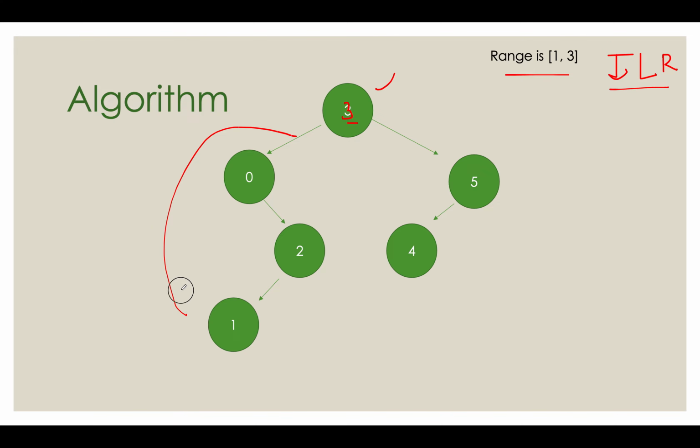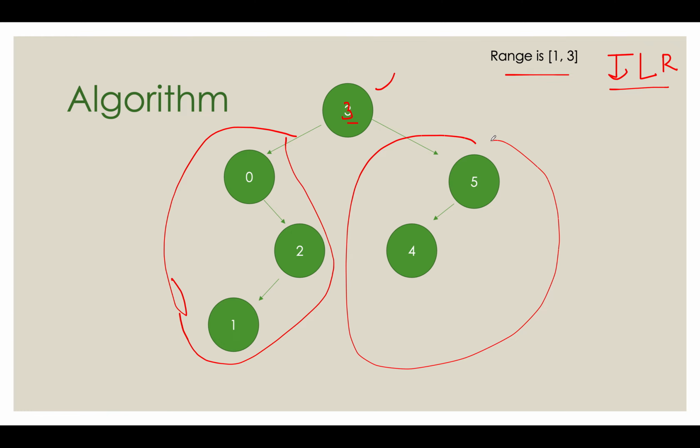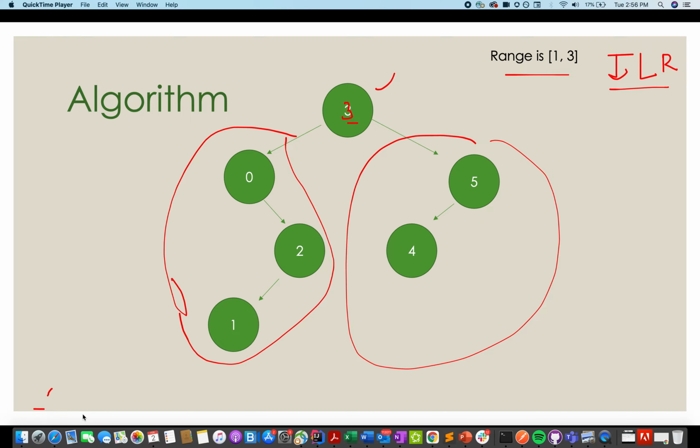Whatever the result of this subtree transformation would be, we will attach it as its left child, and similarly, whatever the result of its transformed right child would be, we will attach it as its right child. So a recursion stack would be something like this.